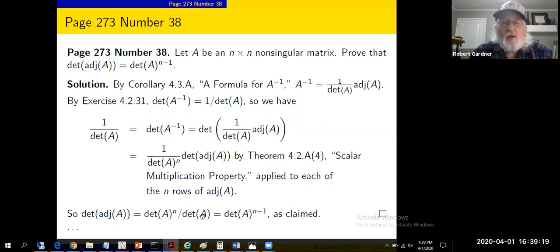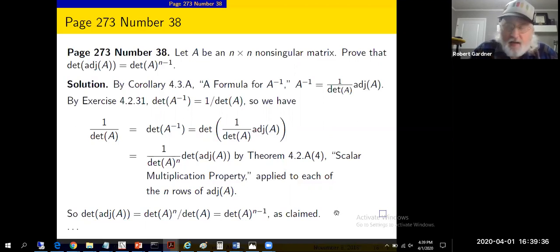And we'll just cancel one of these determinant of A's in the numerator with the one in the bottom. We'll be left with n minus 1 exponent on determinant of A, and that was the claim. Determinant of the adjoint of A equals the determinant of A to the n minus 1.